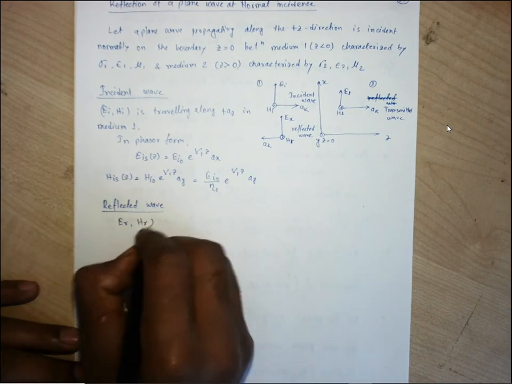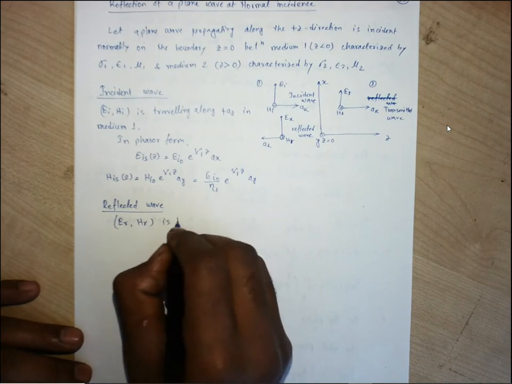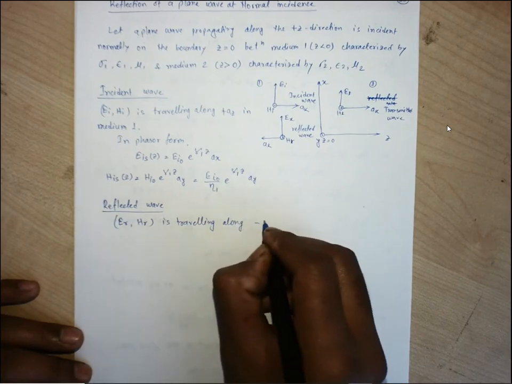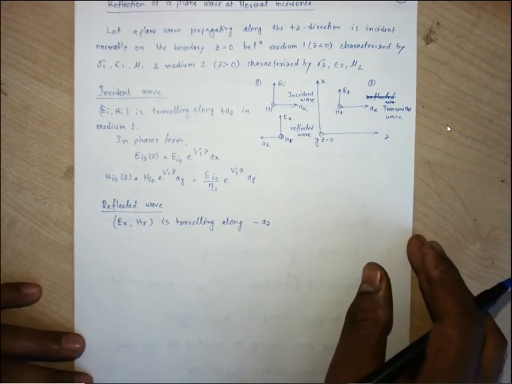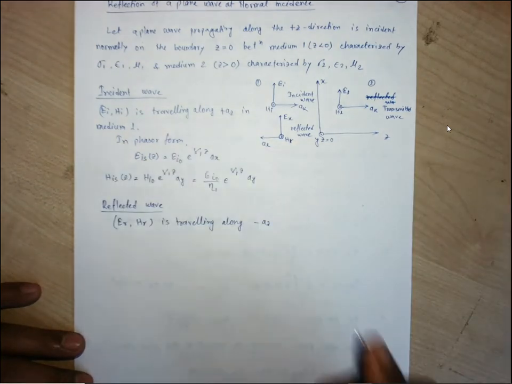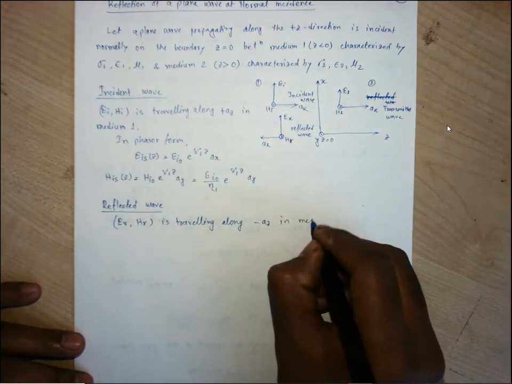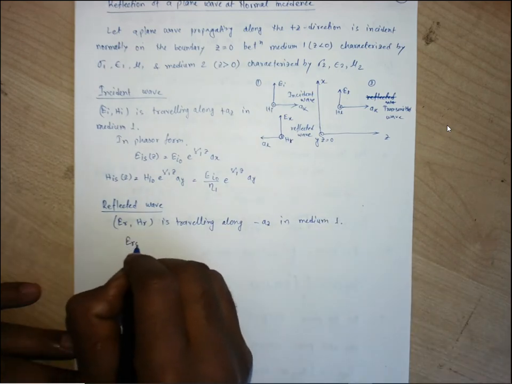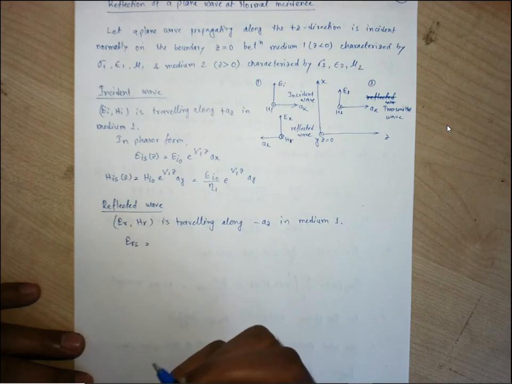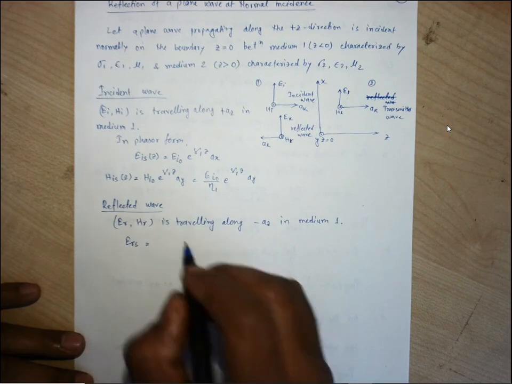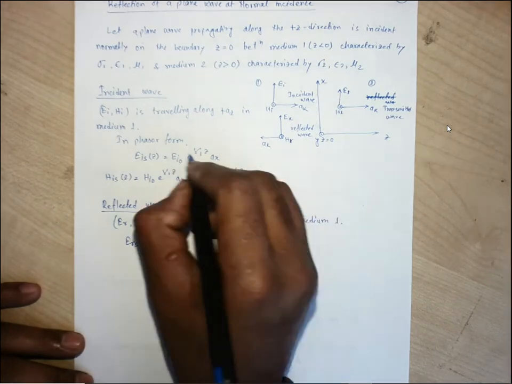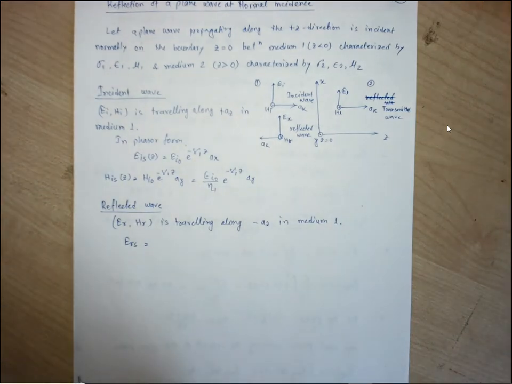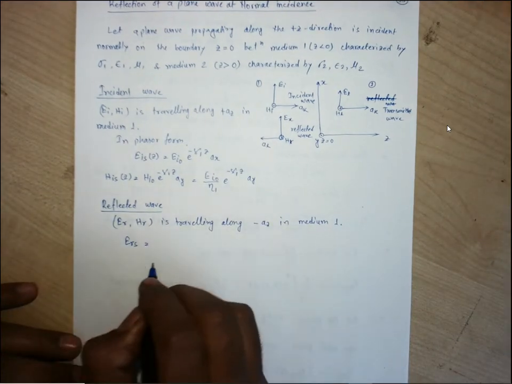Next, the reflected wave is traveling along minus az in medium 1. If it is traveling along plus z, then the exponent will be minus, so when it is traveling along minus z, it will be plus.